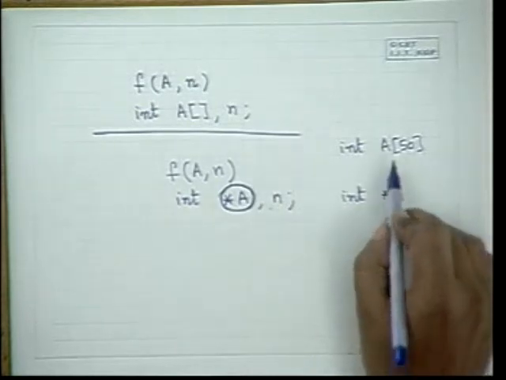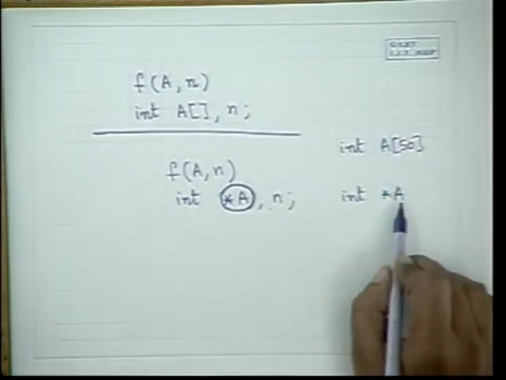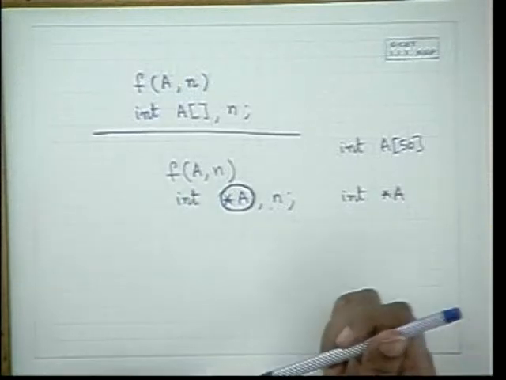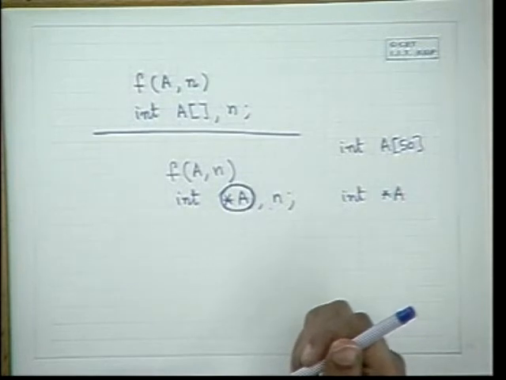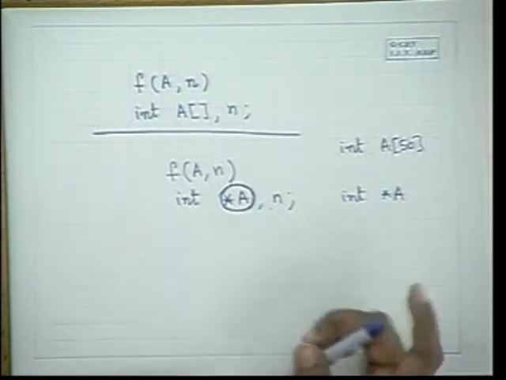In order to allocate another 50 elements during execution of the program, you have to do dynamic allocation, which we shall come to later on. For the time being, we are not bothered about dynamic allocation. We are just trying to see what arrays and pointers and contents of arrays mean. So we will go through a set of 5 examples which will show us how they can be used in a variety of ways.